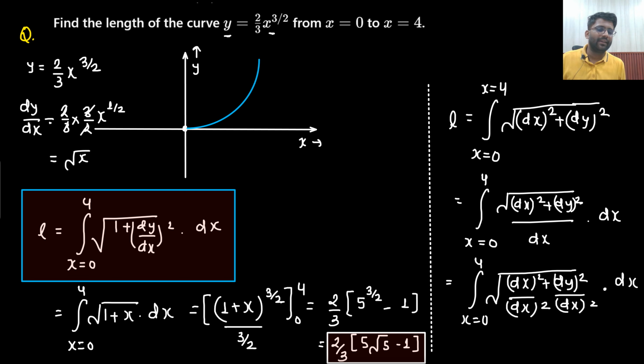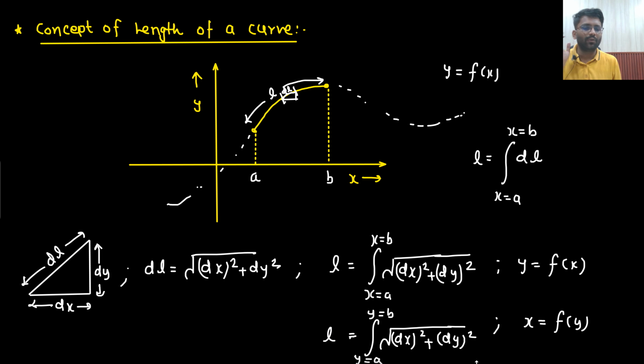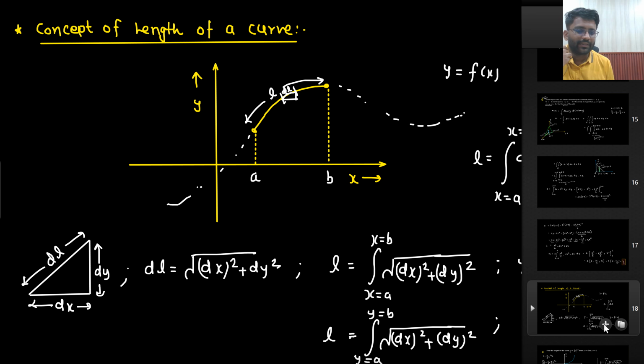So are you remembering anything? The only thing you are remembering is that dl could be given as under root dx square plus dy square. That's it. This is what you are remembering. So here I will add one more page and write down everything, whether y as a function of x is given or x as a function of y is given.